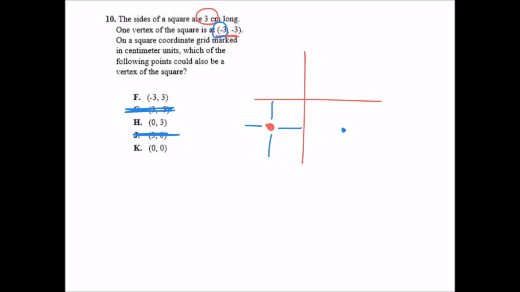Same thing, your y in the first one is negative 3, so you can't get all the way up to positive 3. It's too far away. So that takes out the option of F and H. So the only possible solution then is K, and that is 3 away by x and 3 away by y. Could be right there.